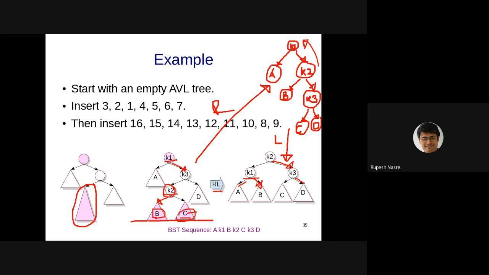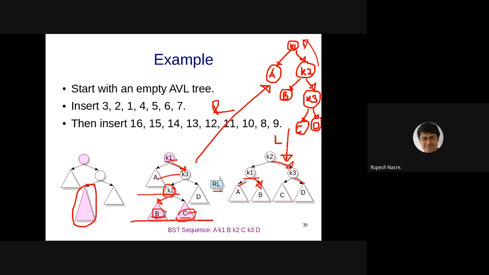Maybe the way I have drawn it pictorially is causing some confusion. A could be at different levels depending upon the sizes of A and B. A could be at the same level as K2. It's not necessary that A should be at the same level as K3 only. Since A is a subtree, it can be at the level of K2, and then B is probably the first node that is getting added.